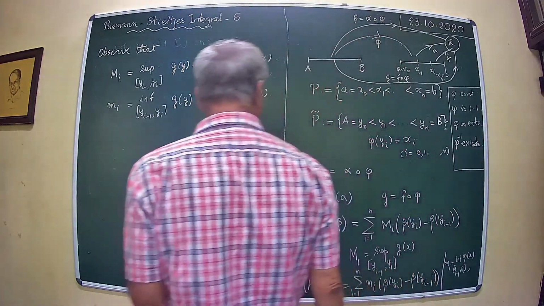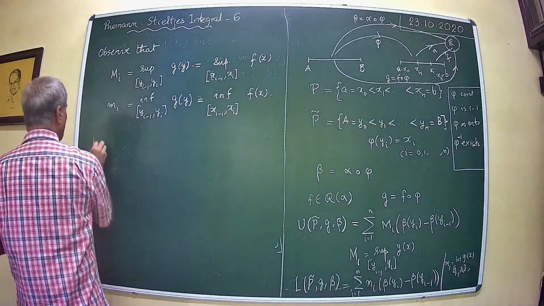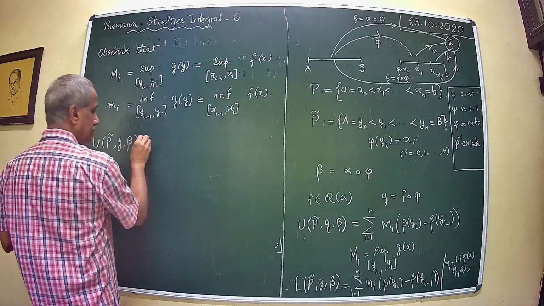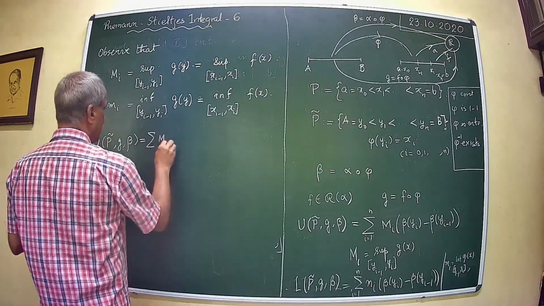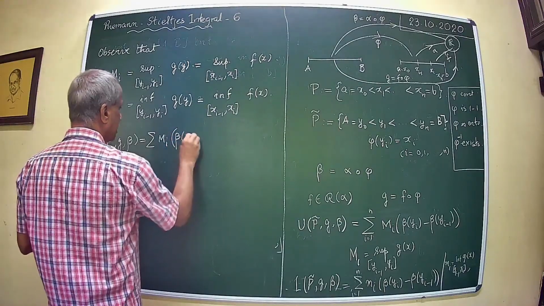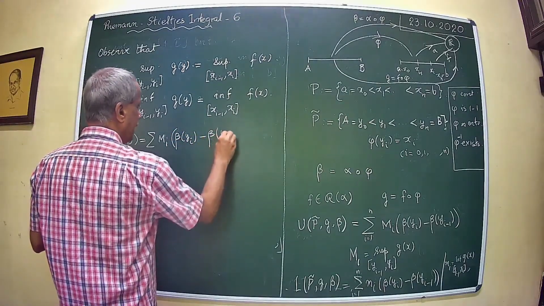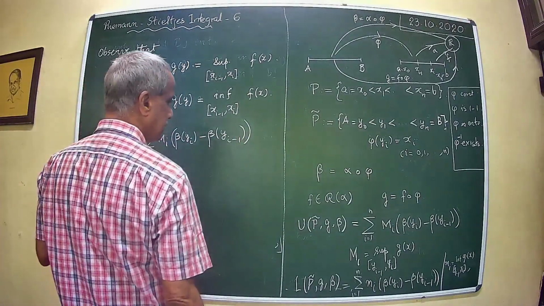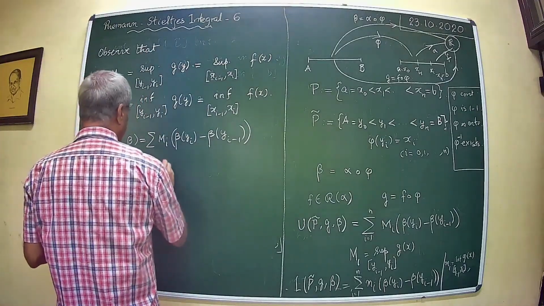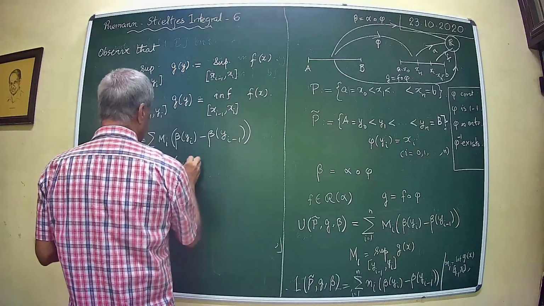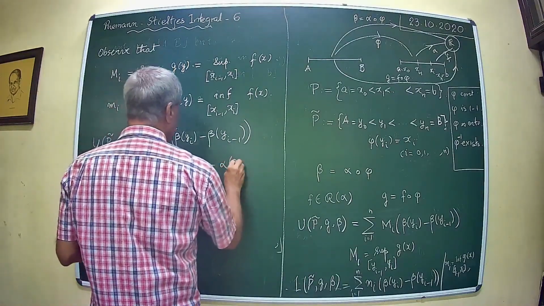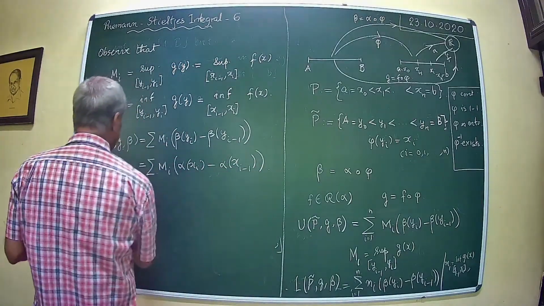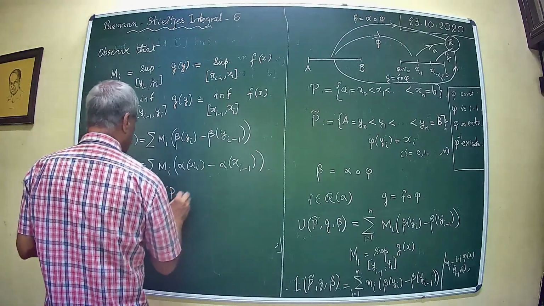Therefore, one would immediately get that U of P tilde, G, beta is equal to sigma Mi times beta yi minus beta yi minus 1, which is the same as sigma Mi times alpha xi minus alpha xi minus 1, which is equal to U of P, f, alpha.